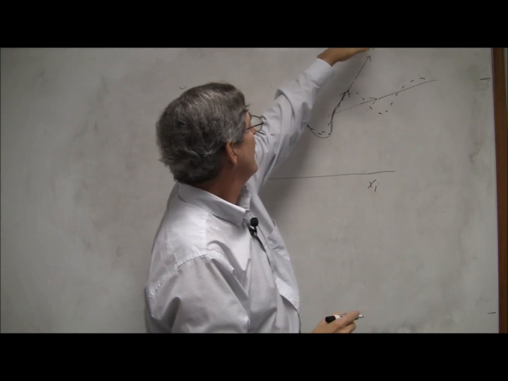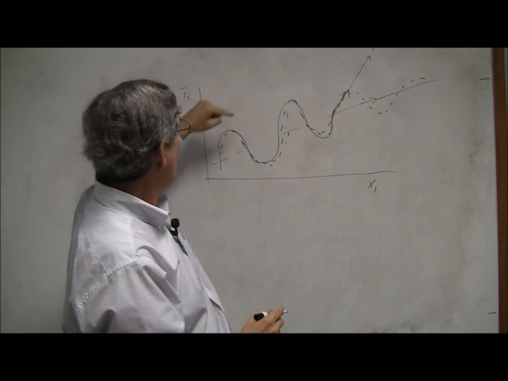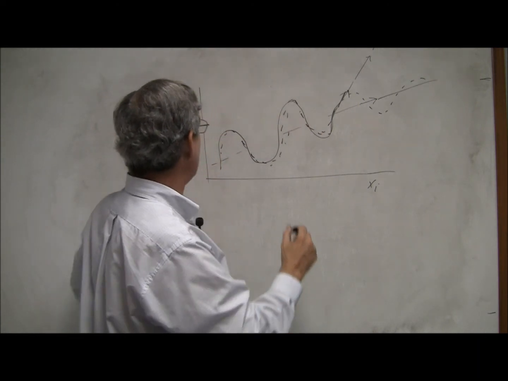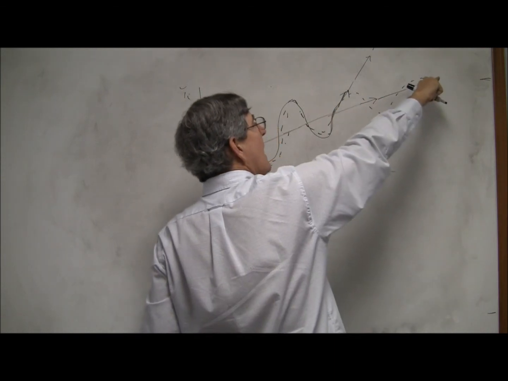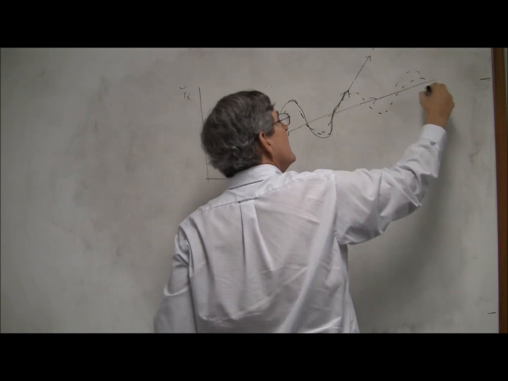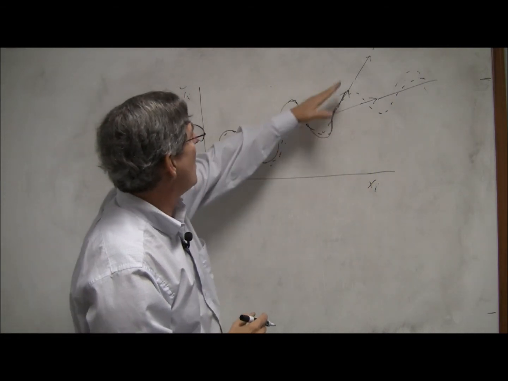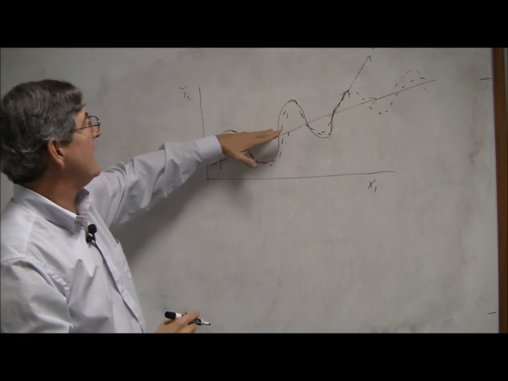That's not a very good prediction. The problem is you're paying too much attention to the wiggles inside the data. If I just use a linear model to predict, I might actually get closer on average, because the other model pays too much attention to all the wiggles and not enough to the main feature of the data.